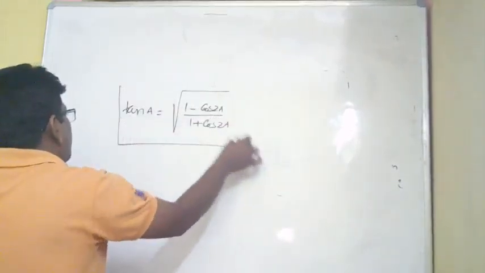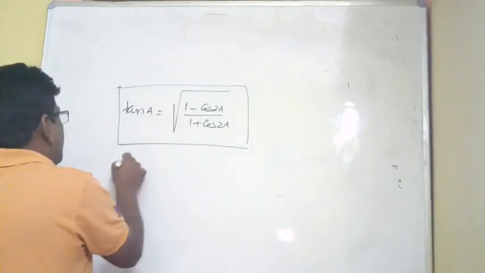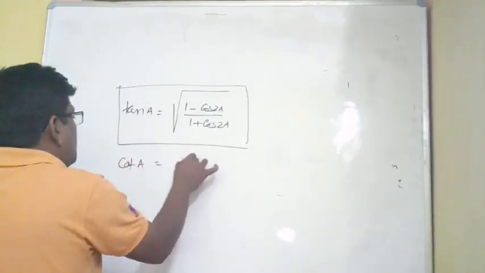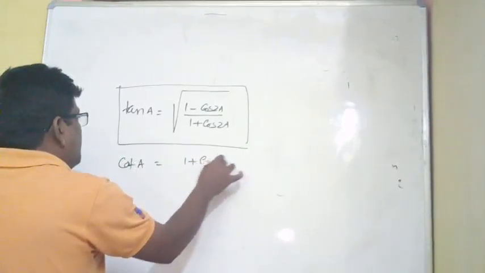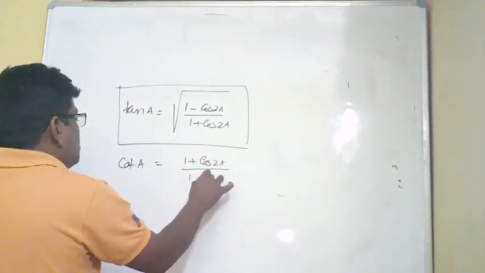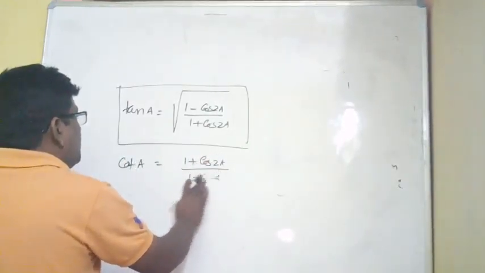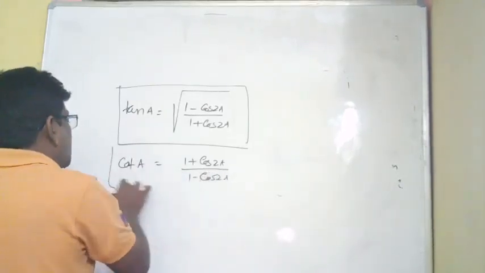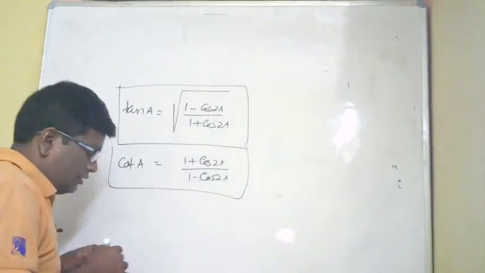This is another formula. And cot A is equal to 1 plus cos 2A by 1 minus cos 2A. This is the cot A formula in terms of 2A.